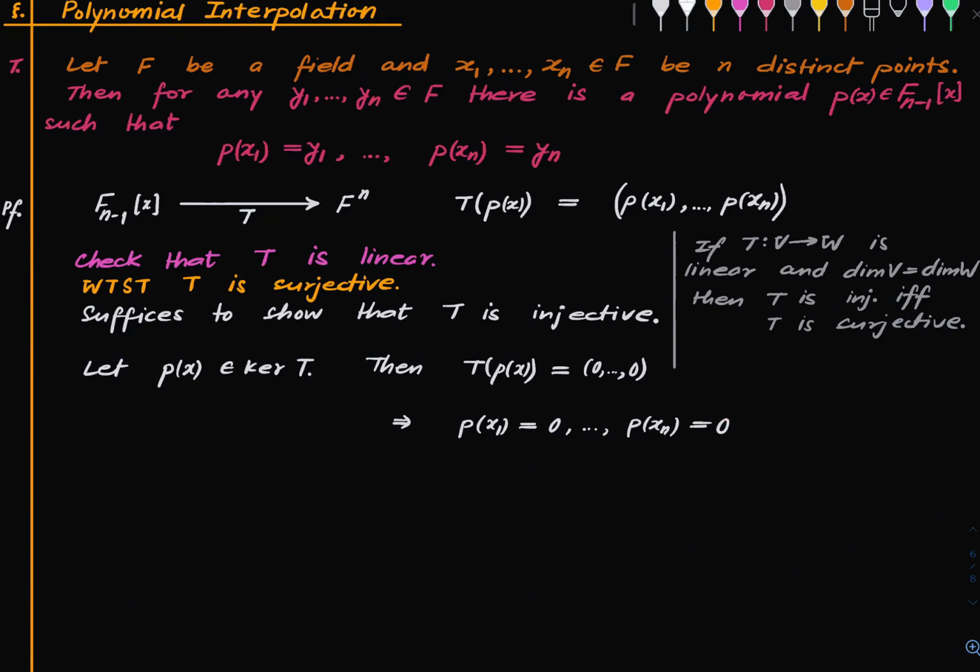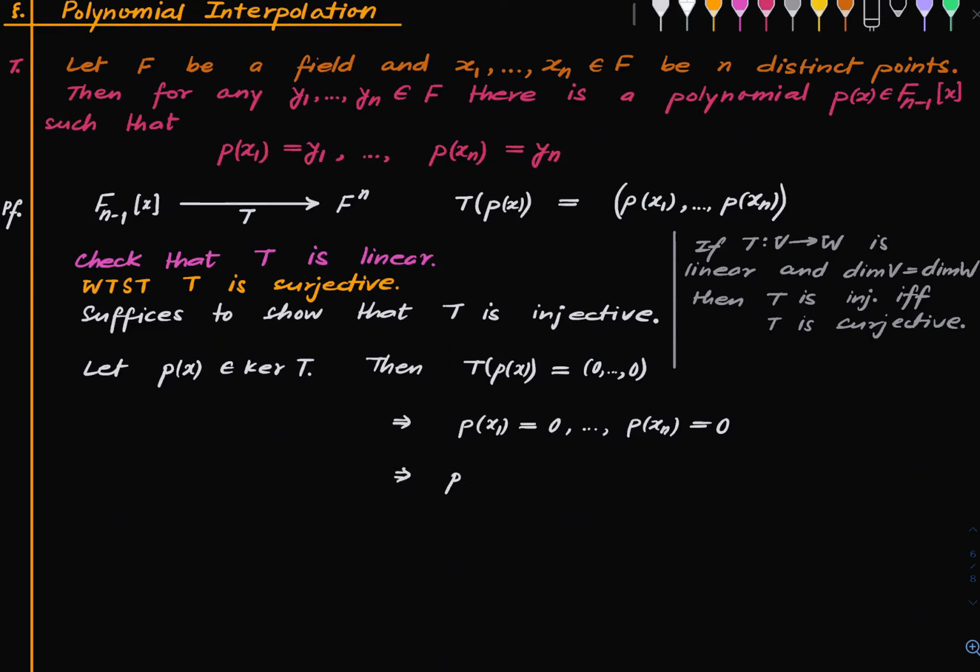So a polynomial of degree at most n minus 1 can have at most n minus 1 distinct roots. But here we are seeing n distinct roots. So that can only happen when the polynomial is 0, the constant polynomial 0. Therefore, P is the 0 polynomial.